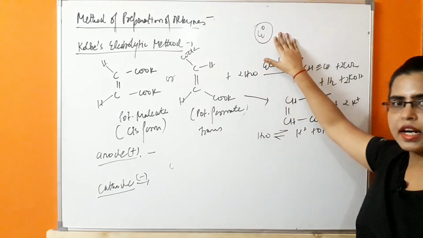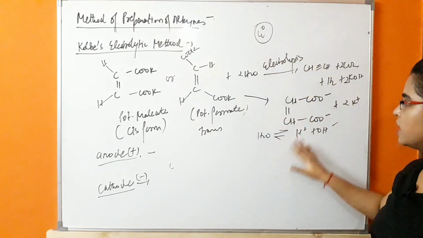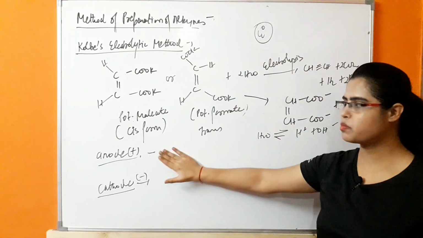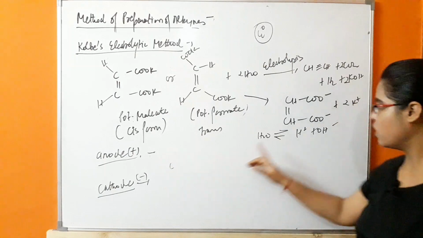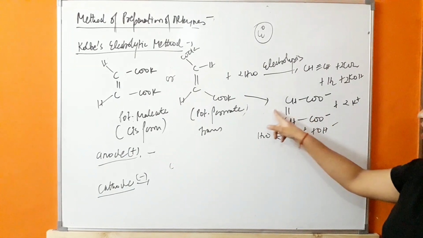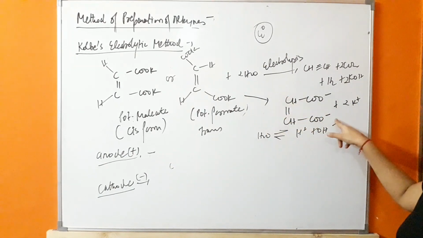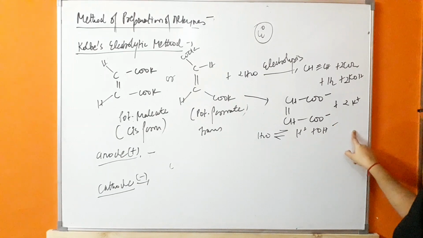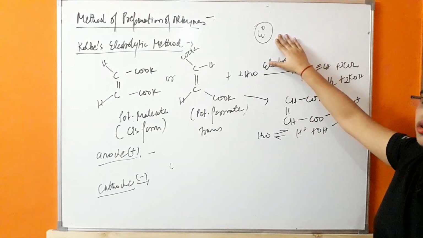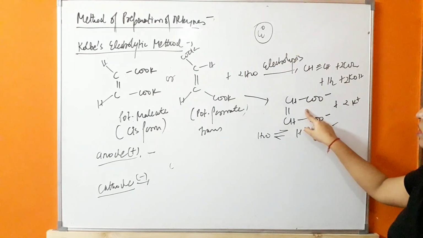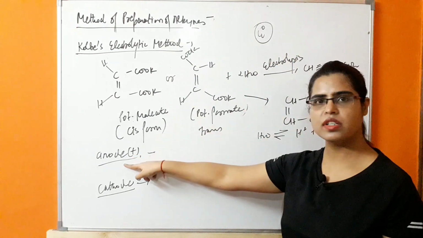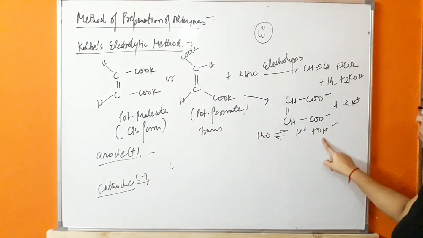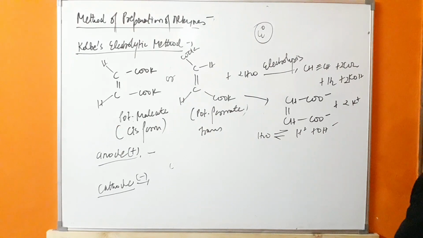On the basis of electrode potential, it will be decided which ion will move towards a particular electrode. Of these two anions, the carboxylate anion and OH minus, on the basis of electrode potential the carboxylate ion will move towards the anode, whereas OH minus will remain in solution.